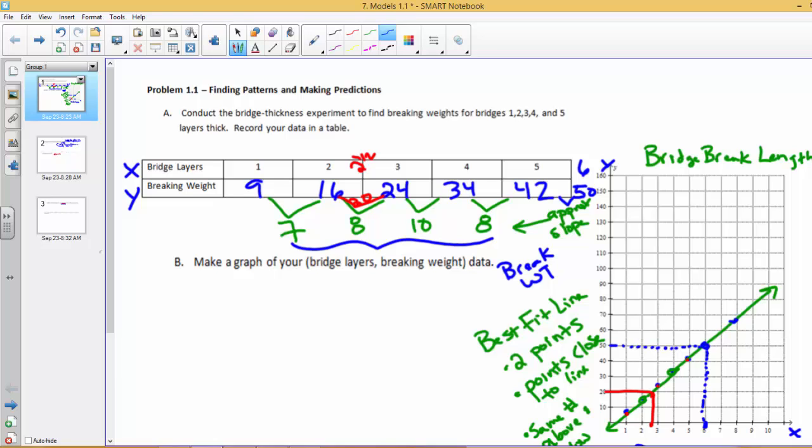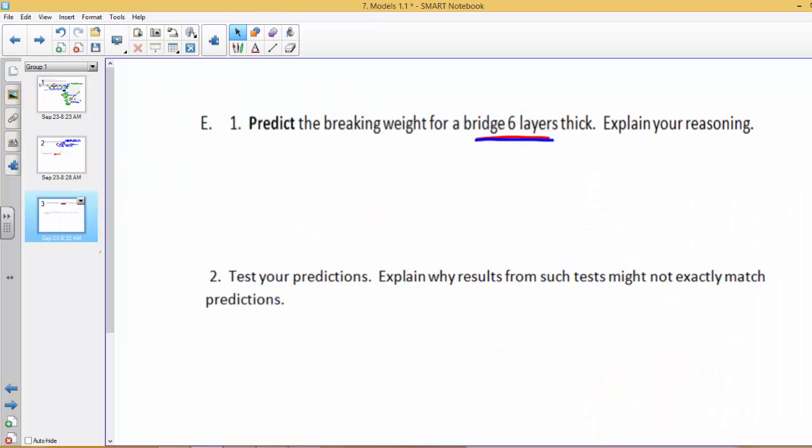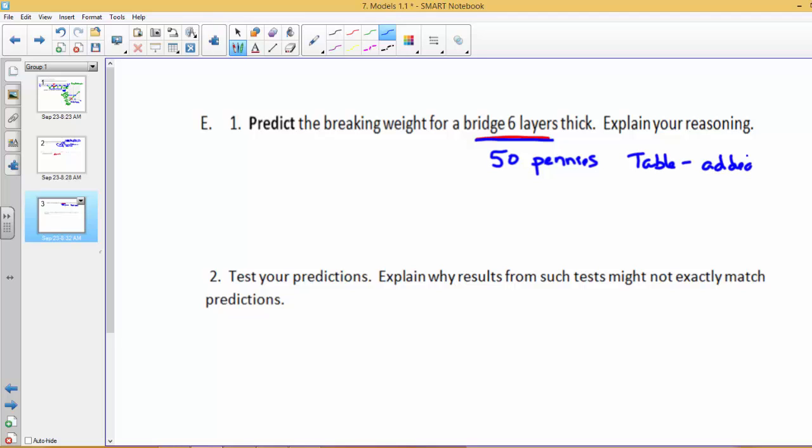And that also looks pretty much like 50 right on. So for my data, and you're going to do this for your data, I'm going to put 50 pennies. And for the table, I added 8. And on the graph, I traced up and it hit 50.